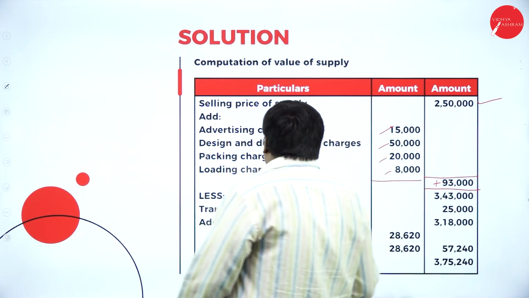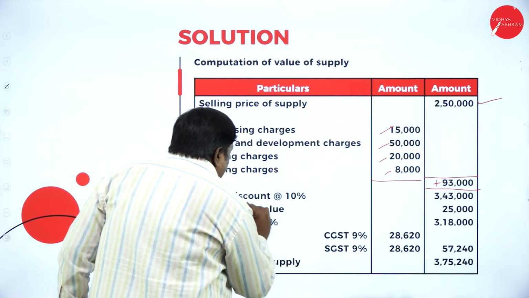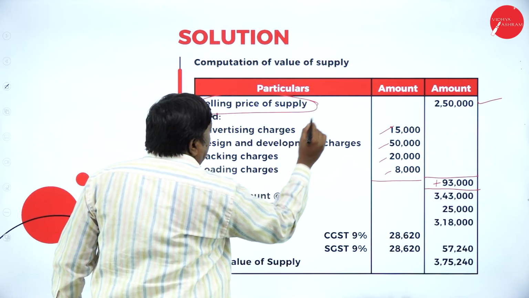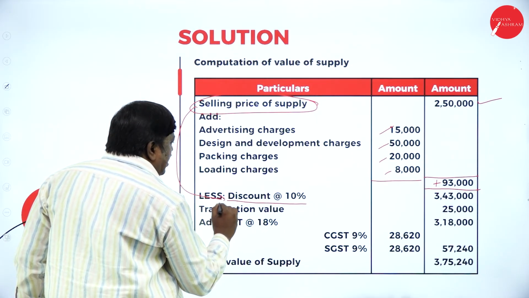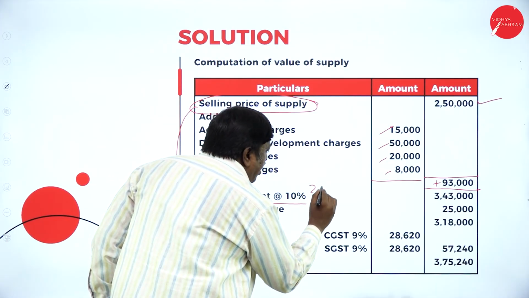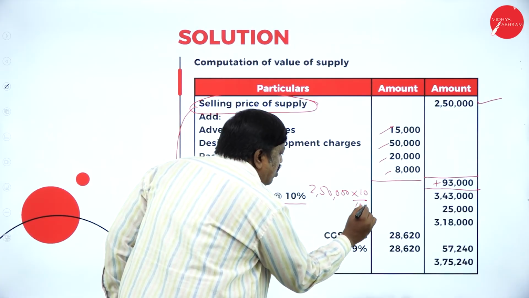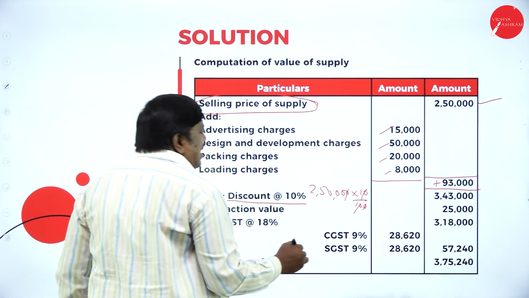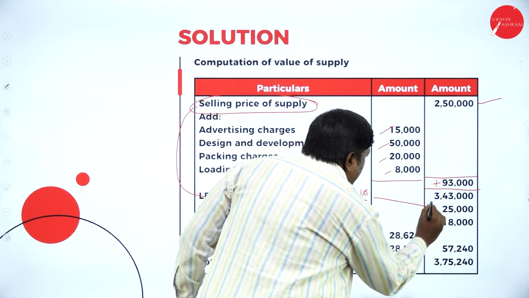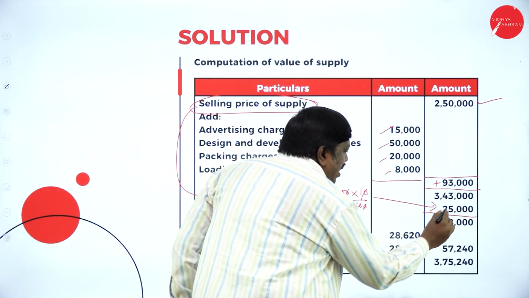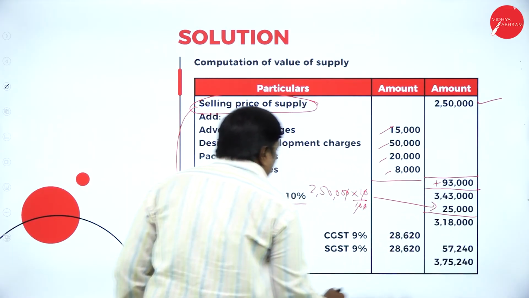Now they said the 10% discount should be given on the selling price of the goods. On 2,50,000 into 10 by 100, the zeros get cancelled, so 25,000 is the amount to be deducted. 3,43,000 minus 25,000 will be 3,18,000.